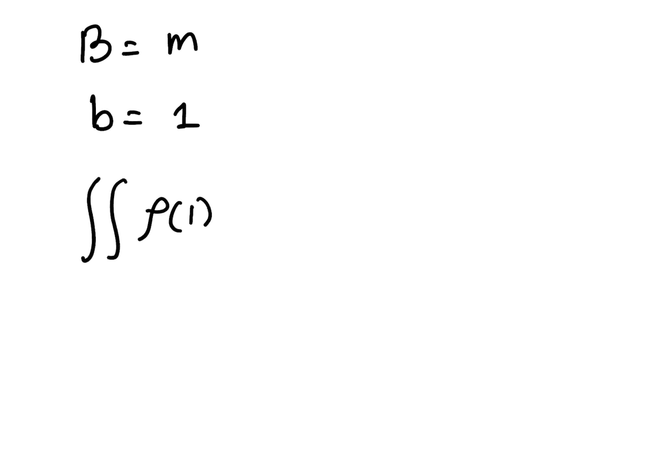For example, if uppercase B is the mass and lowercase b equals 1, the integral of rho times 1 times v dot dA is simply the mass flow rate across a surface.